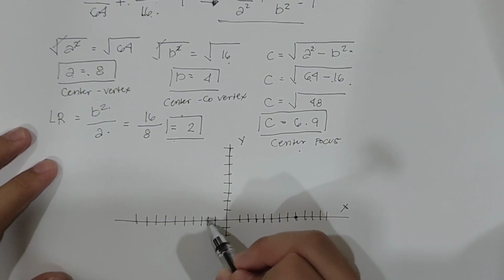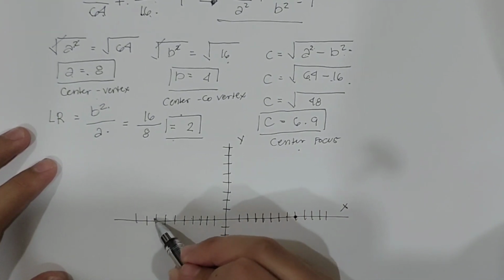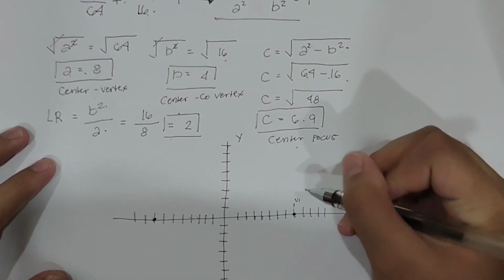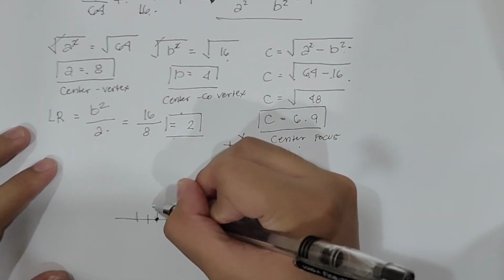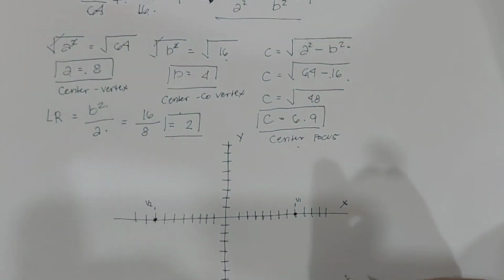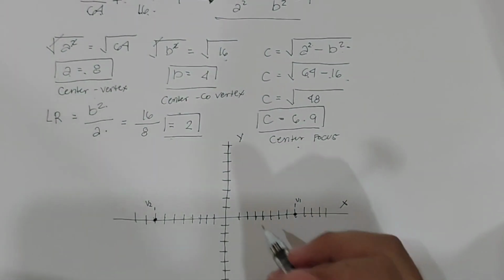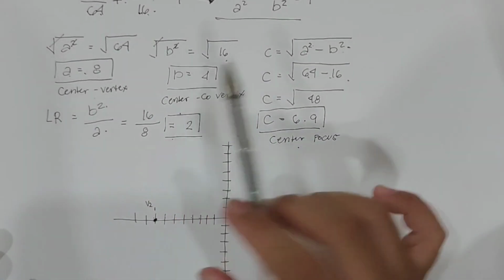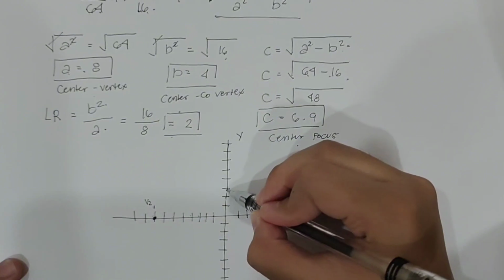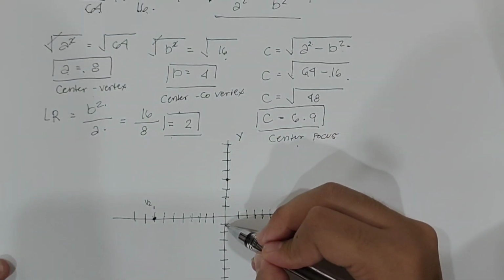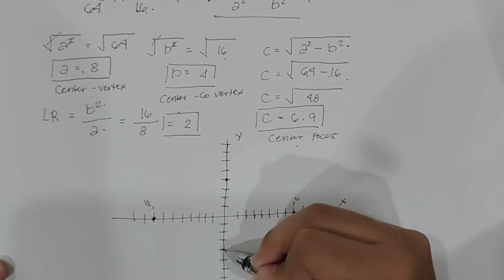Now to the other side, 1, 2, 3, 4, 5, 6, 7, 8. Here's vertex 1, here's vertex 2. Next, we're going to find our co-vertex on the y-axis, which is 4. So 1, 2, 3, 4. And to the other side, from down below, 1, 2, 3, 4.